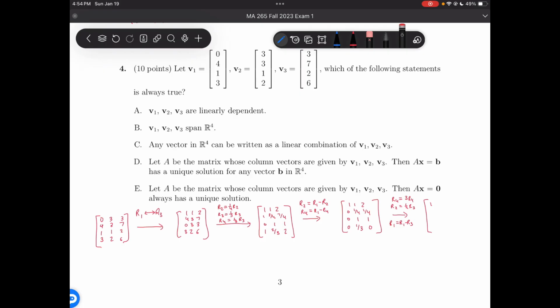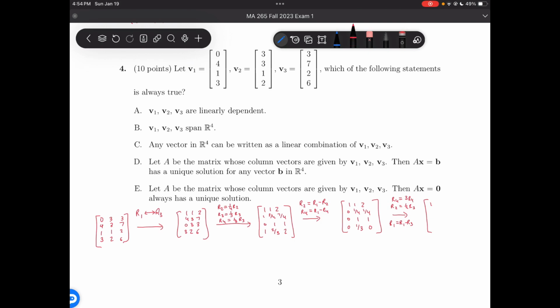This leading entry is called the pivot, and each column can only have either one pivot or 0 pivots. So right now what I did here is I got rid of all of the other non-zero entries so that there's only one pivot in the first column. And now I'm going to repeat so that there's only one pivot in the second column.